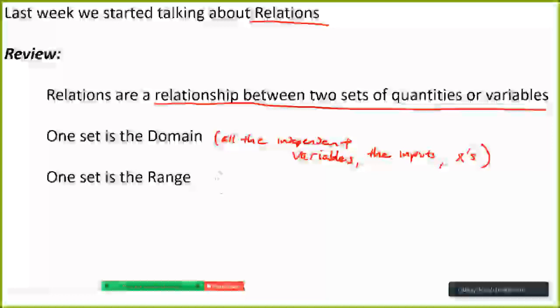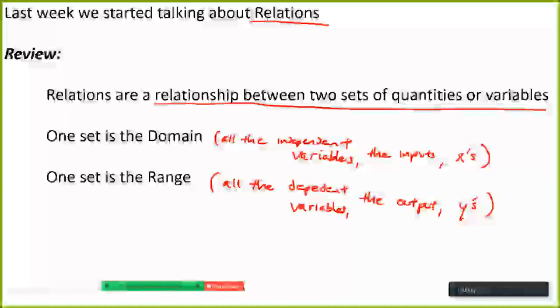And then the range is all the dependent variables because they depend on the input to figure out what the output is. All the dependent variables. That's another name for that for us is the output. The y numbers, the y's. So start to think of those together.